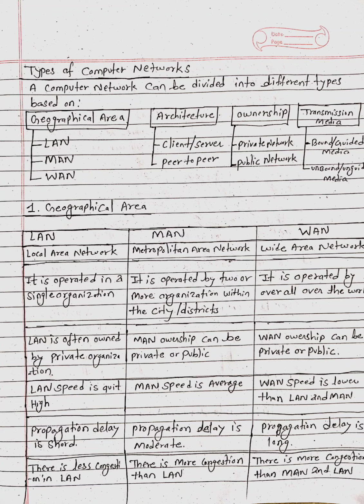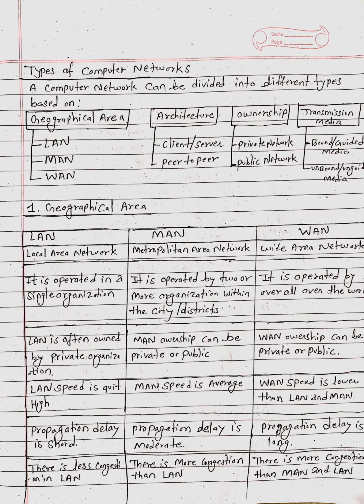Types of computer networks. A computer network can be divided into different types based on geographical area, architecture, ownership, and transmission media. On the basis of geographical area, network can be divided into three groups, that are LAN, MAN, and WAN. On the basis of architecture, network can be divided into two categories, that are client-server architecture and peer-to-peer architecture.